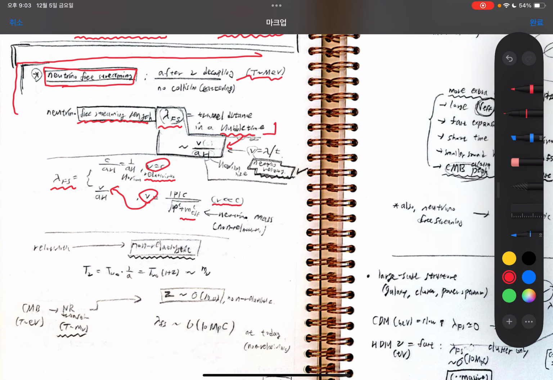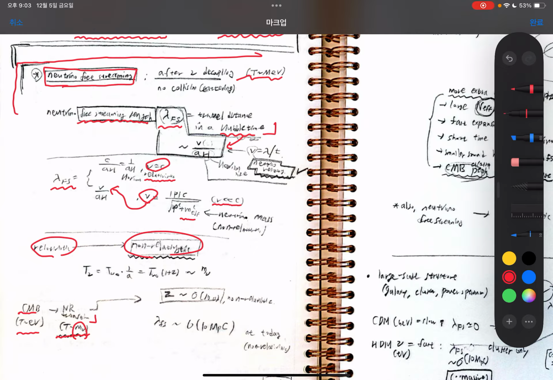So neutrinos turn from relativistic to non-relativistic in the late universe. In the CMB, the temperature of the universe is around an electron volt, and such a non-relativistic transition occurs when the temperature of the universe cools down to the neutrino mass scale. This is around sub-electron volt.